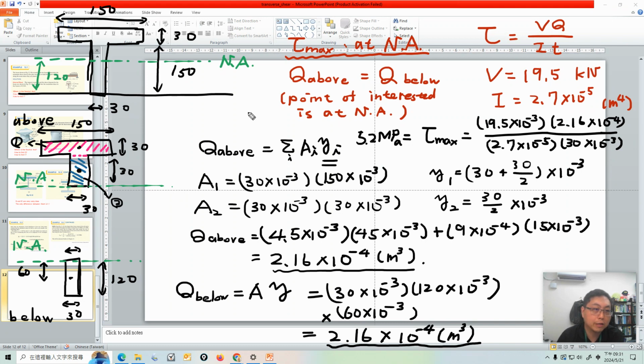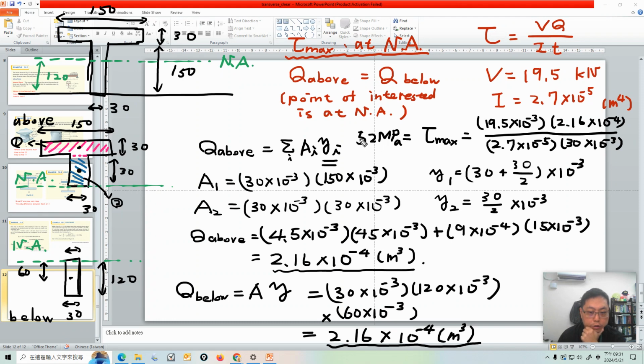Once again, the maximum shear stress is always at the neutral axis, so the value must be greater than the shear stress at this joint.